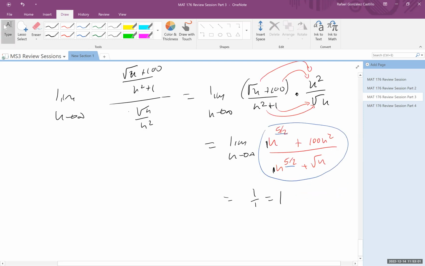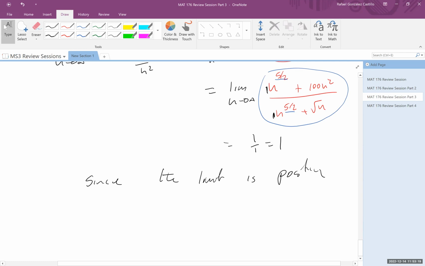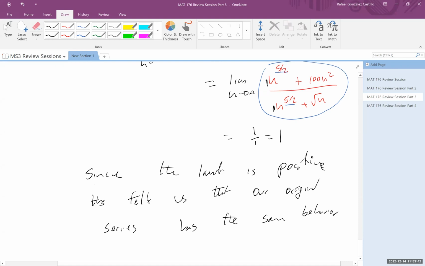Now, since the limit is positive, we got 1 as the limit. Since the limit is positive, this tells us that our original series has the same behavior as the comparison series.